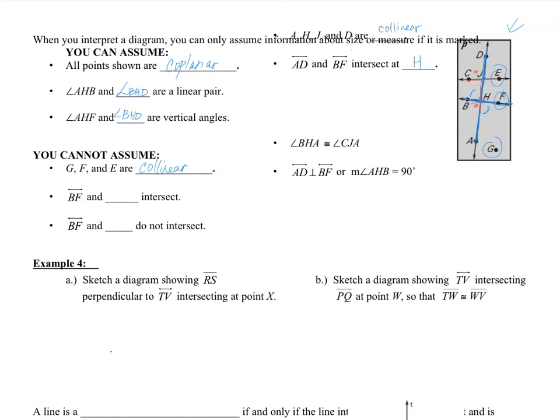And for line BF and line CE, you cannot assume that they intersect, and you also cannot assume that they do not intersect.